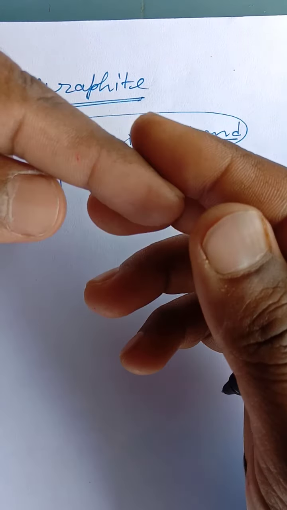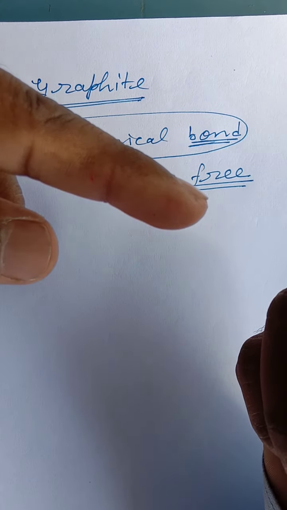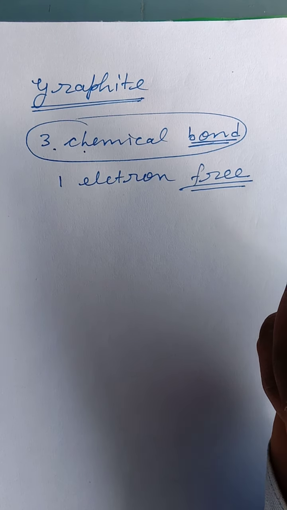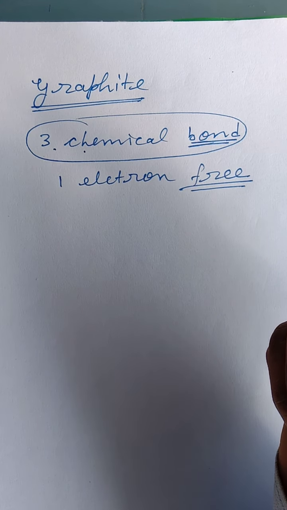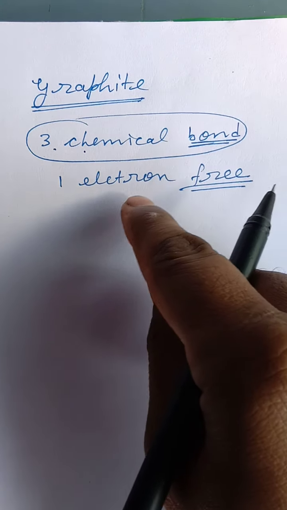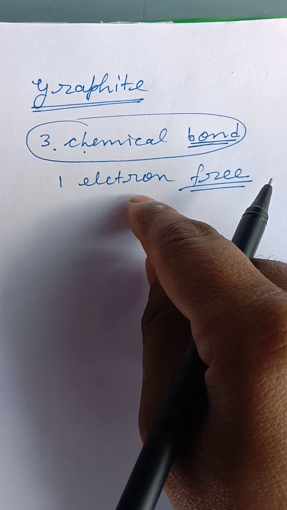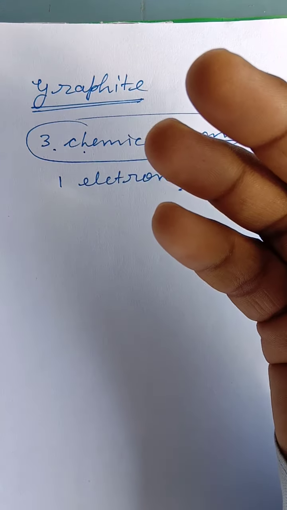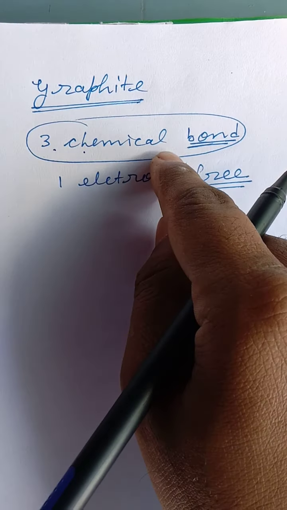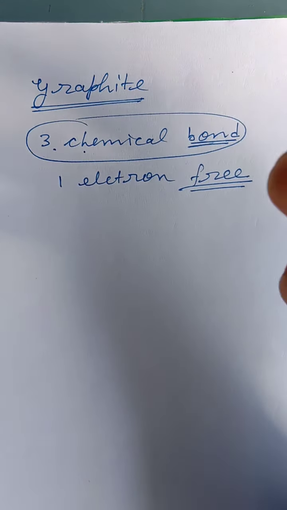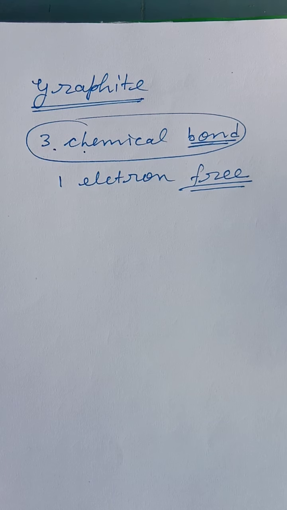Diamond is inert for heat and electricity, whereas graphite allows heat and electricity, due to the presence of 1 free electron. And in graphite, 3 bonds are formed by each carbon atom, whereas in diamond, 4 bonds are formed by each carbon atom. Understood, my dear?